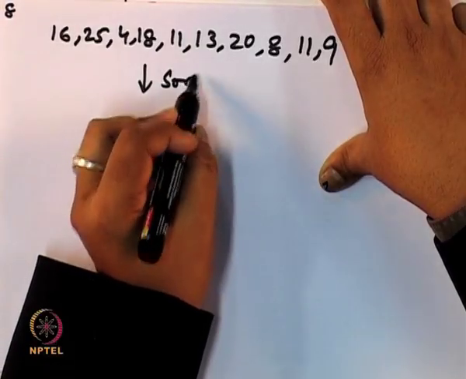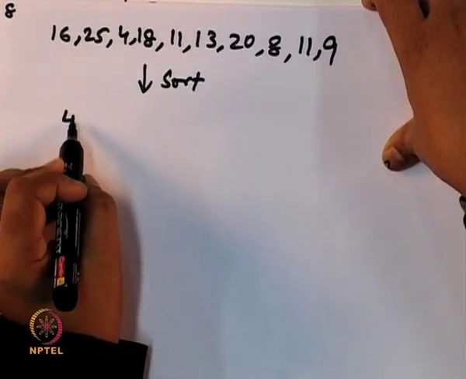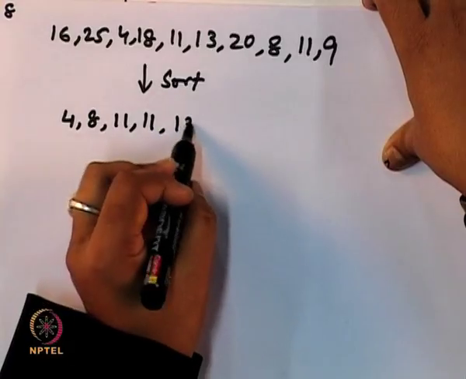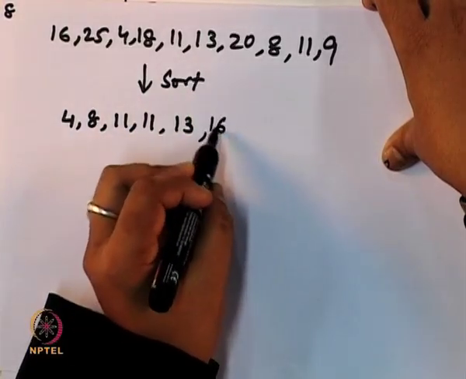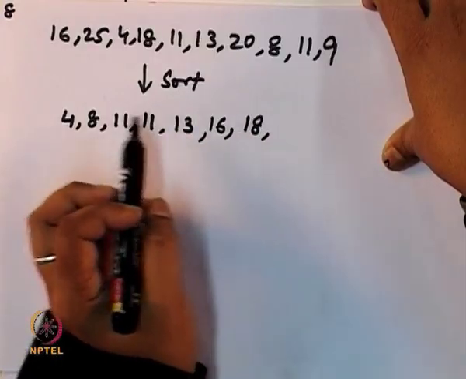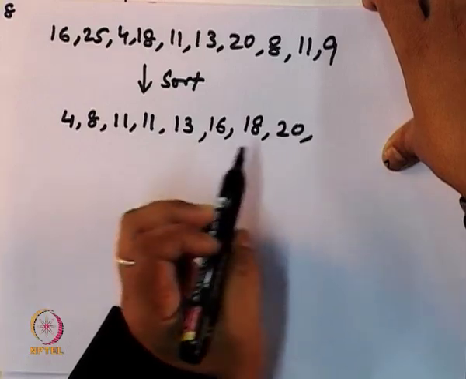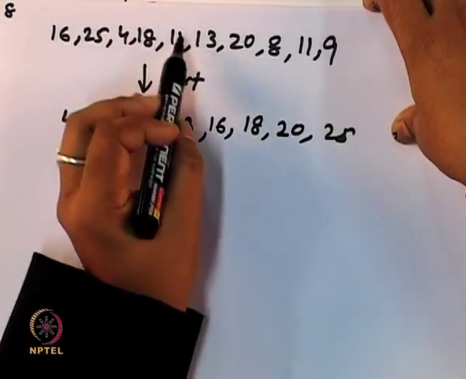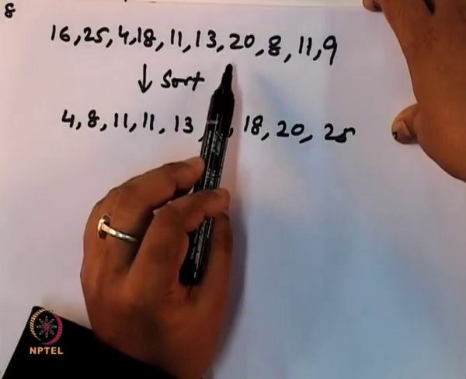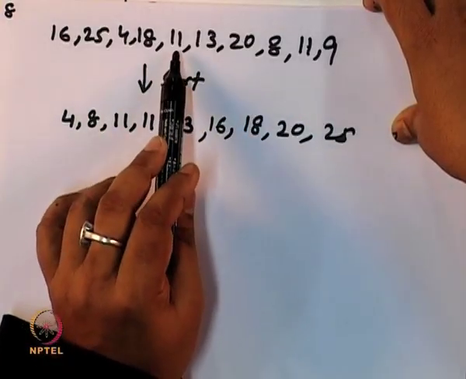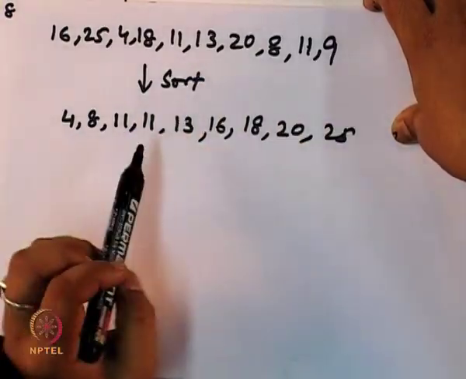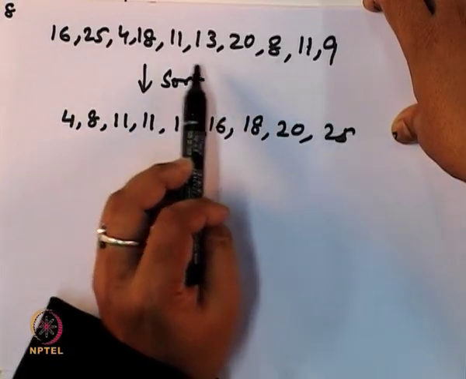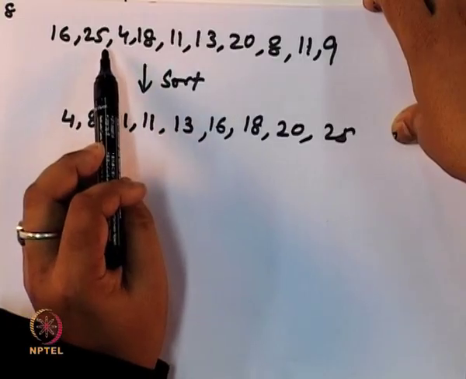So, first thing will of course be to sort: 4, 8, 11, 11, 13, 16, 18, 20, 25.